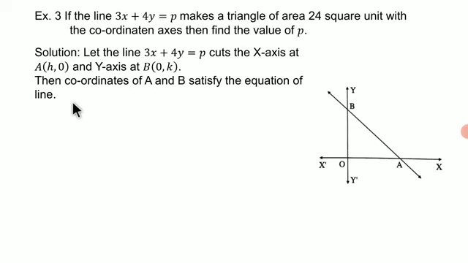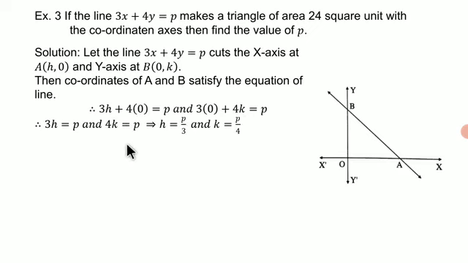Then the coordinates of point A and B satisfy the equation of the line. So for point A, we get 3h plus 4 into 0 is equal to P, and for point B, we get 3 into 0 plus 4k is equal to P. That is 3h is equal to P and 4k is equal to P. So from this, we get h is equal to P upon 3 and k is equal to P upon 4.